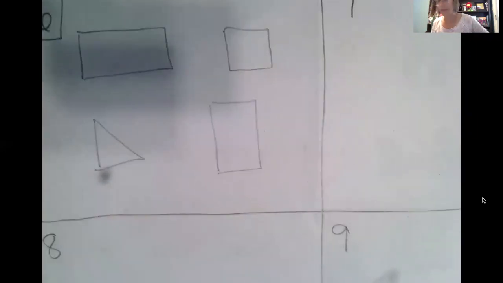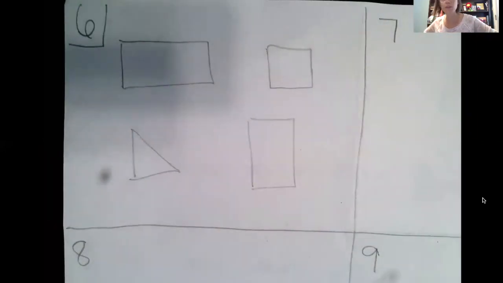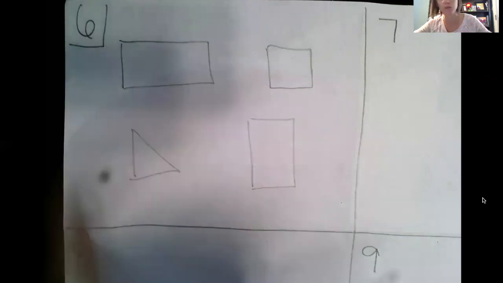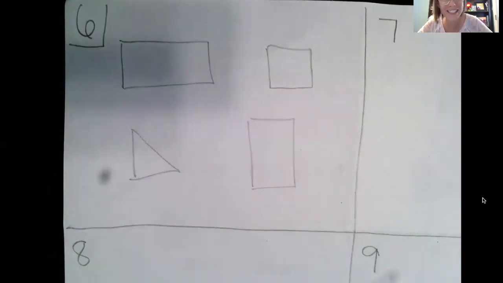In fact, I think we should do that. Then cross off the one that has all 4 same sides. Then find the one that has 3 vertices. Circle the shape that has 3 vertices. Whoops. I dropped my phone.